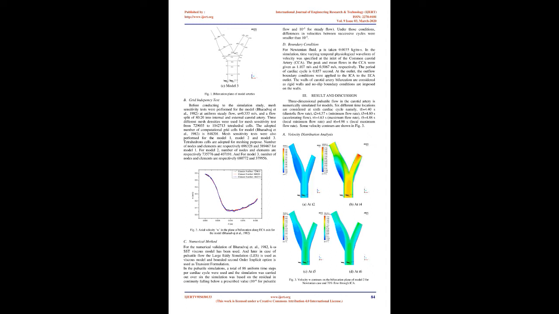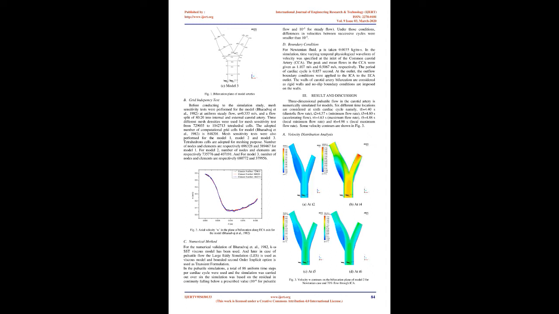1982, 17. The length of the common carotid artery, CCA, is taken as 130 mm as it is the average length of the CCA 17. The cross-sections of the carotid arteries are circular. The bifurcation angles for Model 1 and 3 are 40 degrees and 60 degrees respectively, and the angles are symmetrically divided by the CCA axis.